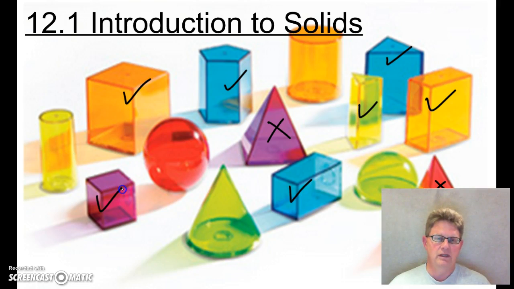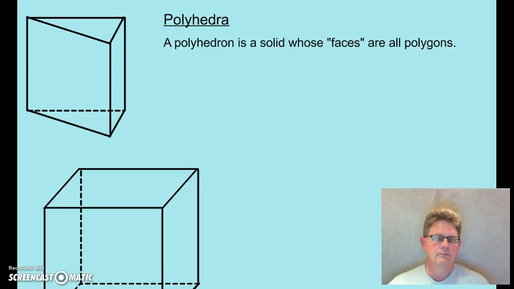So can you guess what differentiates all of these from the solids that I did not check? Well, here it comes. A polyhedron is a solid whose faces are all polygons. Let's look at this prism right here. You're going to name that prism by its two faces that are congruent to each other.